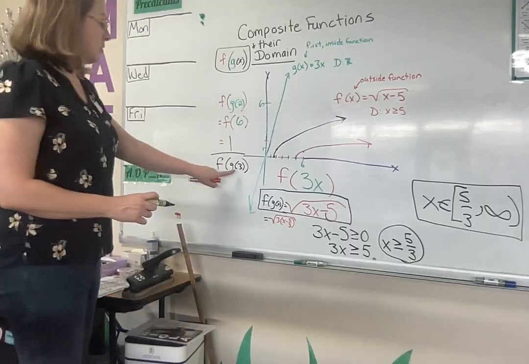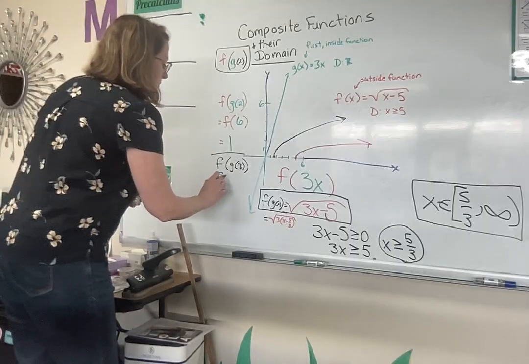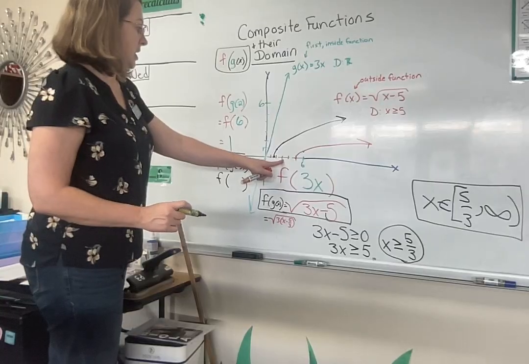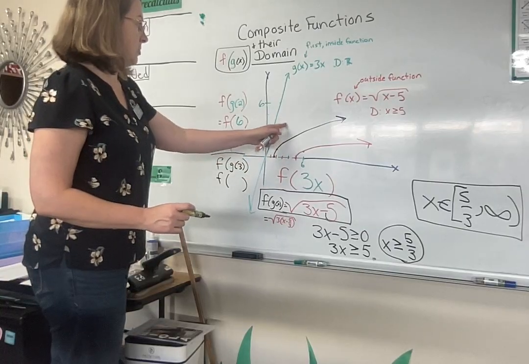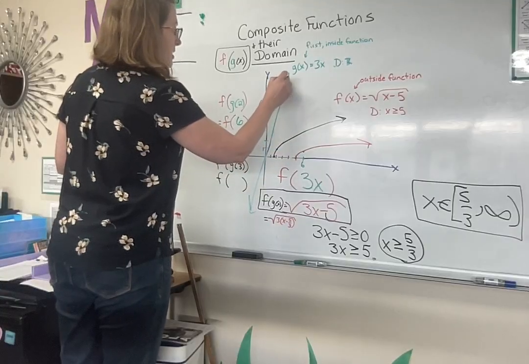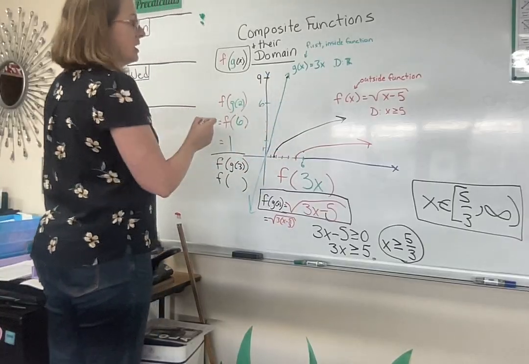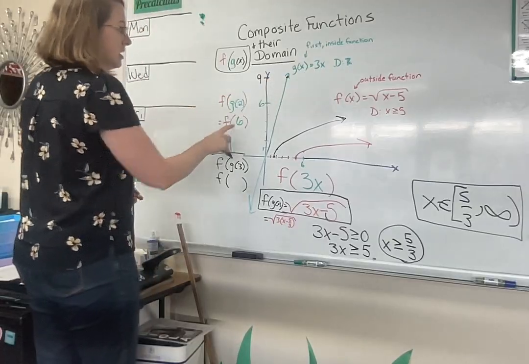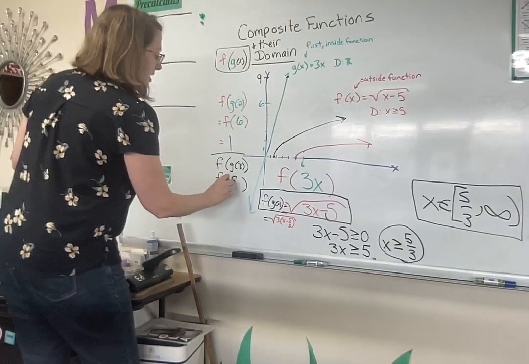Okay, so first I'm going to figure out what g of 3 is by going to 3 and going over to the g function. It's a little bit hard to tell from my graph, but if I go up from 3 and hit this dot, this is going to be 9. I know that for sure because if I plug in 3 here, I get 3 times 3, which is 9. So g of 3 is 9.